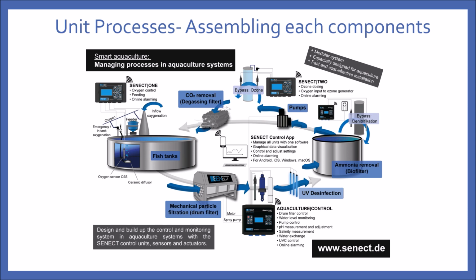And lastly, it will go on to ozonation, which is also a form of disinfection and removing additional organic compounds. And lastly, we will remove the CO2 from the system, adding back oxygen and flowing back to fish tanks. So these are the typical operations that you would see if you're visiting a salmon farm per se, trout farm, or maybe a sturgeon farm.